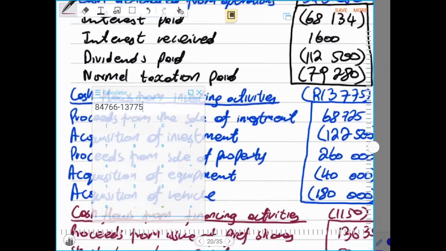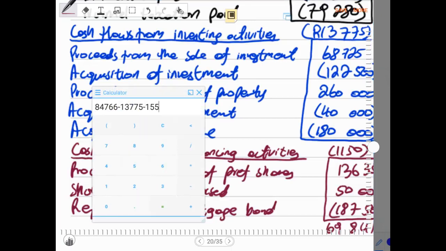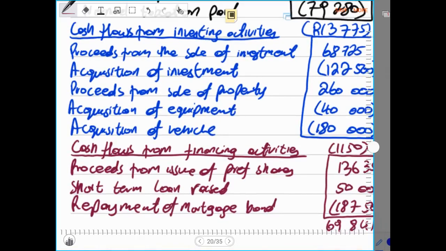Then total cash flow from financing activities was negative 1,150. Therefore, say negative 1,150 because it is negative. Then this will give us positive 69,841. We don't know yet if it is a net increase or decrease. Let me just say net change in cash and cash equivalent. I will write equivalent.